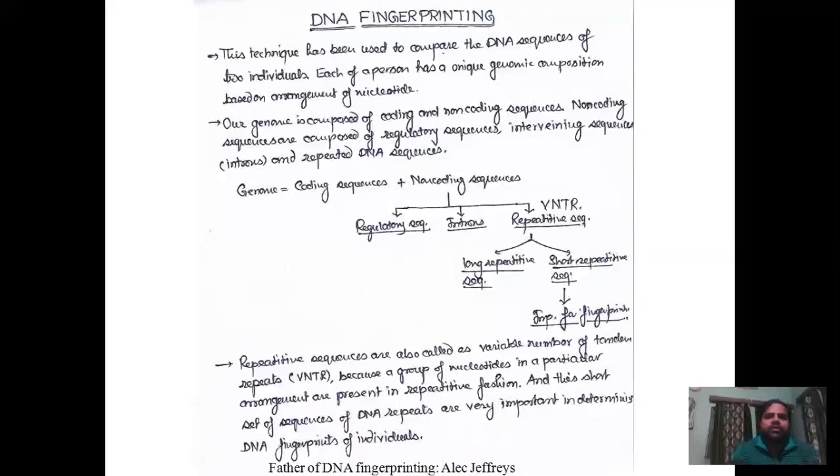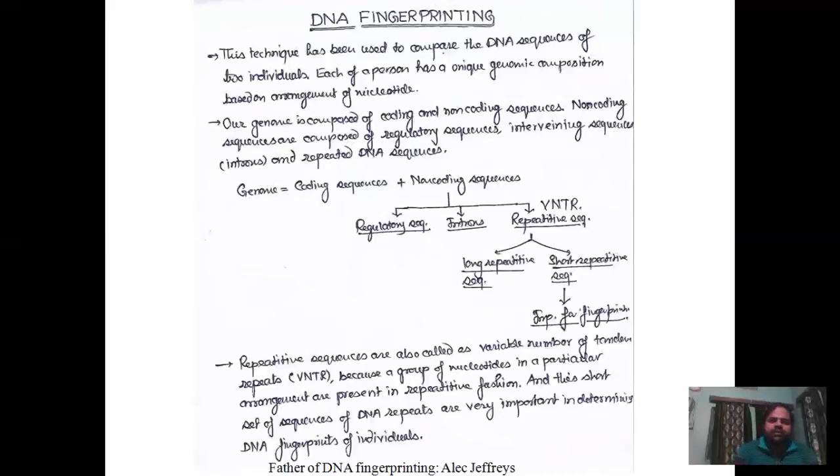Our genome is composed of coding and non-coding sequences, and non-coding sequences are composed of regulatory sequences, intervening sequences, or we can say introns, and repetitive DNA sequences. For DNA fingerprinting, people focus on these non-coding sequences, particularly the short repetitive sequences.